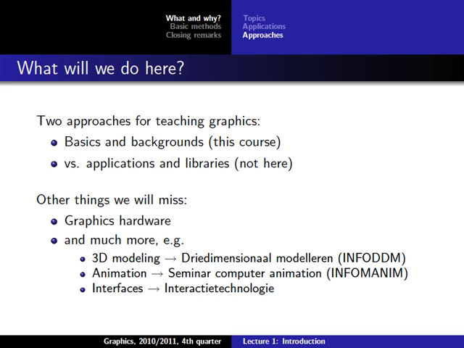The application libraries deal with questions like, okay, what kind of function do I need to draw a line, versus the theoretical approach, which usually deals more with how the function that draws a line calculates the pixels. When I give it one pixel and another pixel, how does it calculate the pixels in between? So this is more the background.